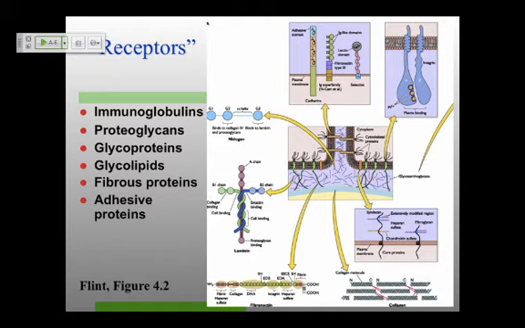And I want you to notice I skipped the first one on here, immunoglobulins. Turns out that many of these extracellular molecules on the outside of cells have a particular protein fold, a domain-like structure, which is really similar to immunoglobulins. And the reason for that is, well, what are most of these extracellular things important for? They're important for binding to hormones, binding to some kind of extracellular factors, binding to matrix proteins.